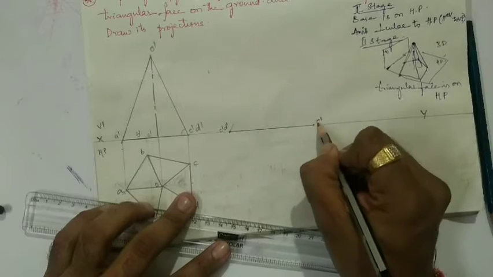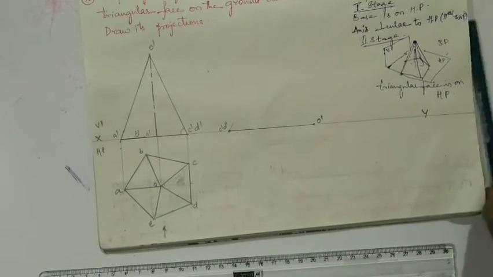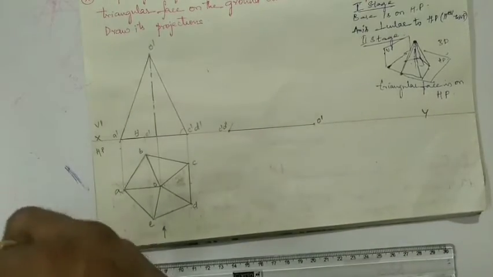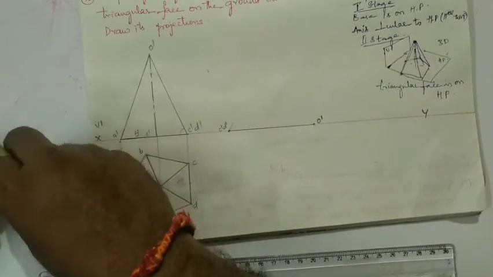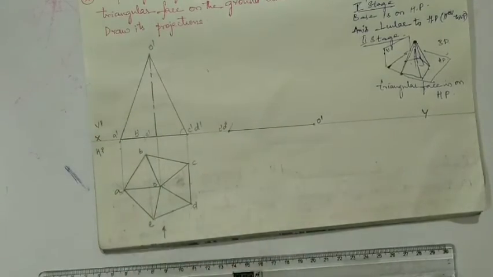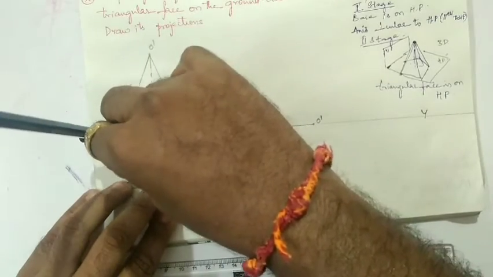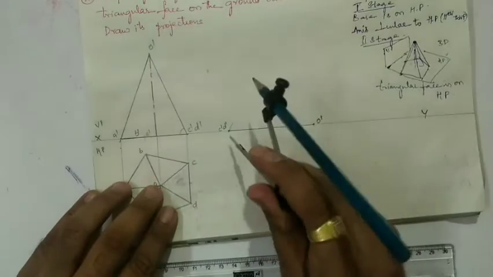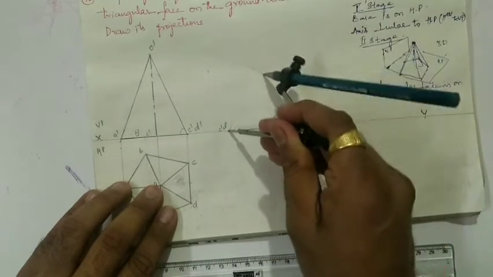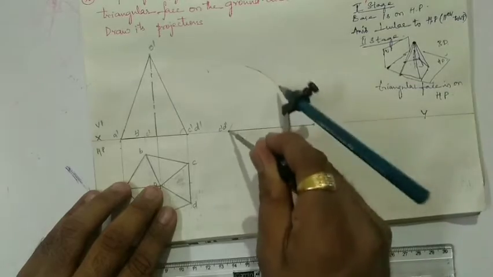So this is my O dash. So take the compass. Measure the length from C dash, the base length, completely using the compass, and with C dash as a center, cut the arc here. Draw one arc.